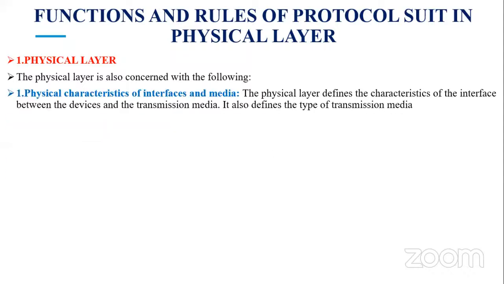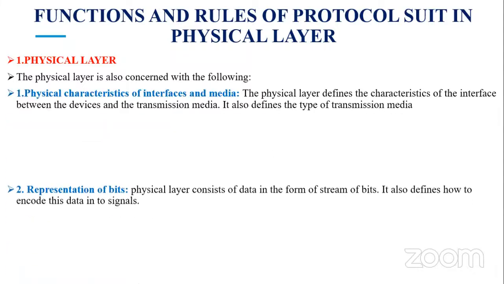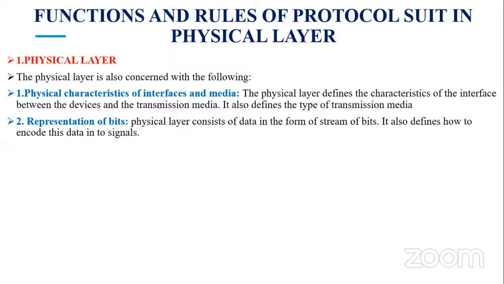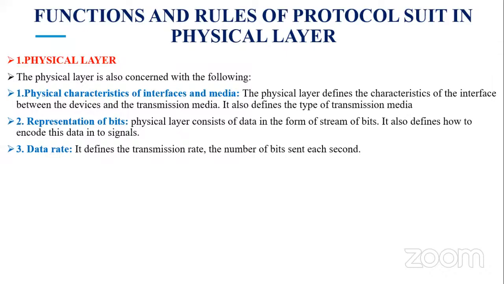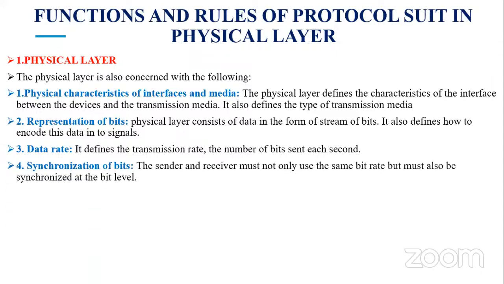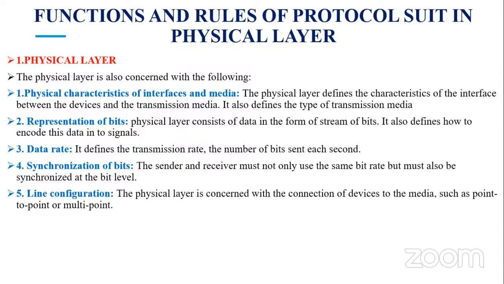And here also we can see how fast the data bits or signals have to be transmitted, how many bits have to be transferred per second. That is called the data rate. It will define the data rate also. And it will define the synchronization of bits also, because the sender may have a different speed and the receiver may have a different speed, but the bits should be synchronized.